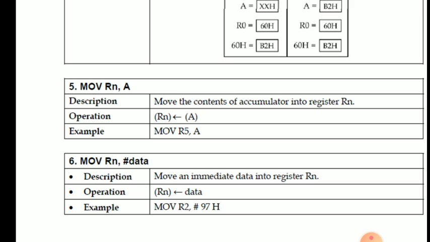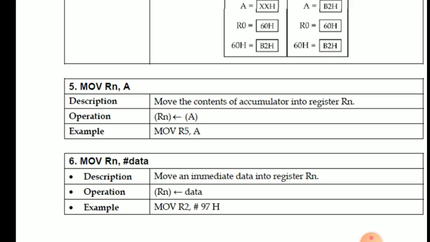The same type of data instruction is repeated, but with the operands interchanged. Here A, the accumulator register, is the source and Rn is the destination.